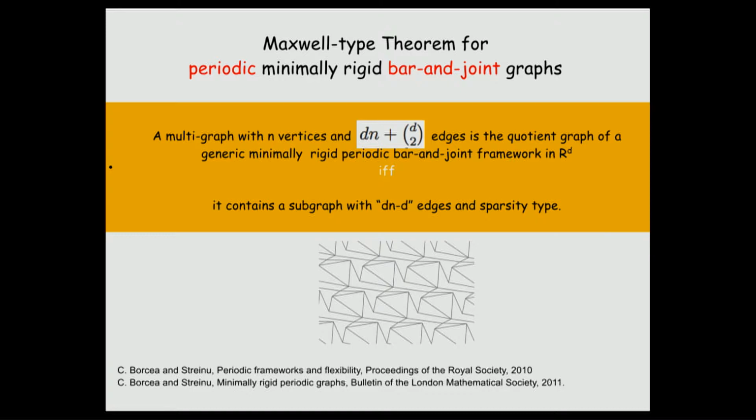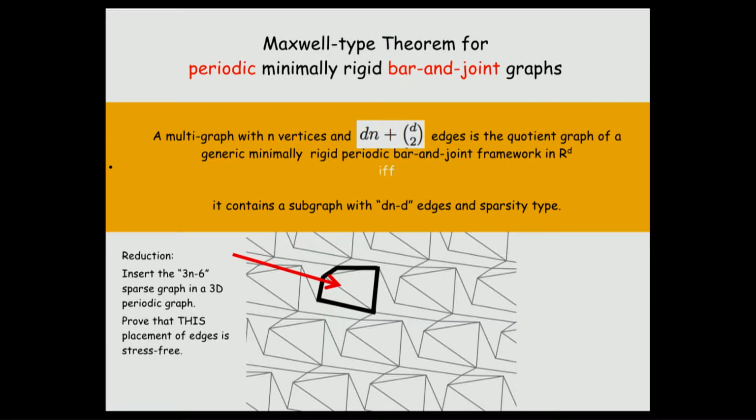Yeah? So in particular, we have shown that we can reduce the Maxwell problem to this type of genericity elimination in periodic frameworks by taking a piece of the periodic graph and inserting there, this is done in 2D, but think of it in 3D, inserting there the 3n minus 6 sparse graph that you want to decide whether it is rigid or not in the sense of finite 3D rigidity.